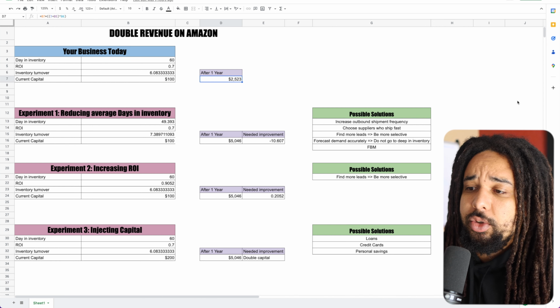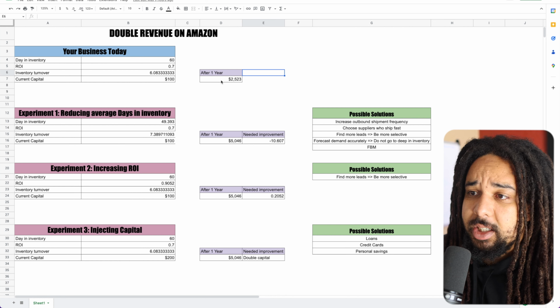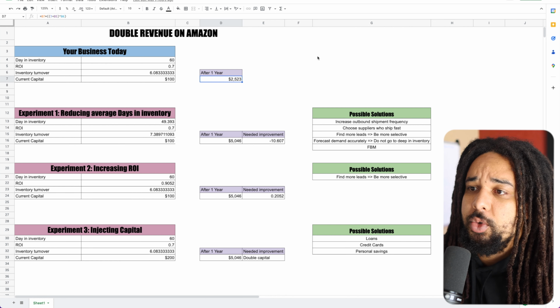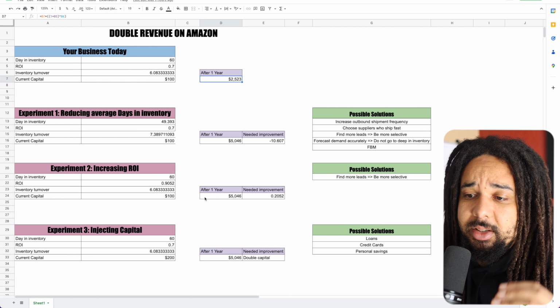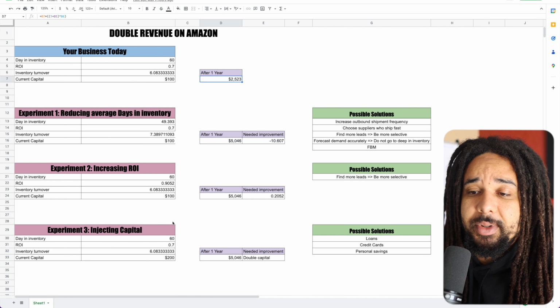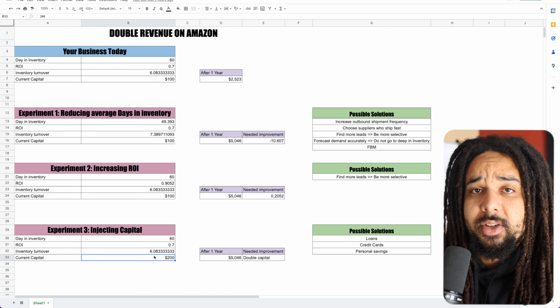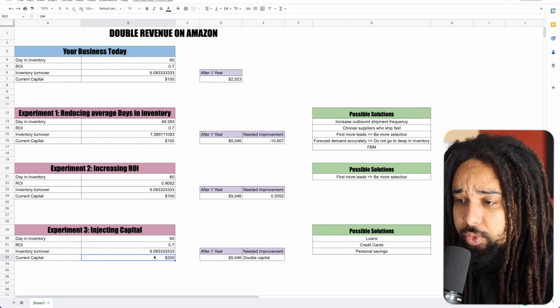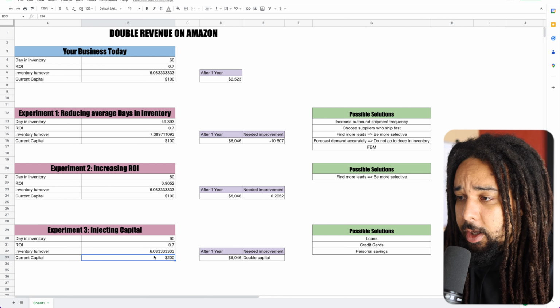If you wanted to double your revenue, so if after 1 year you would have been at $2,523 with $100, you would have needed to double your capital, right? So instead of having $100 of capital, you will need $200 of capital, so $100 more.